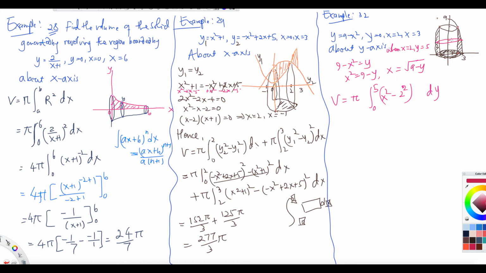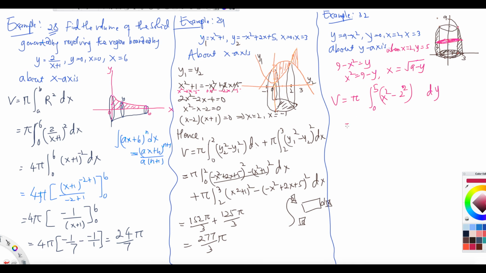For the inside disk, 2 is the radius, right? For the outside disk, x is the radius. So that's why I'm doing the volume of the outside cylindrical shape minus the volume of the inside, empty cylindrical shape.